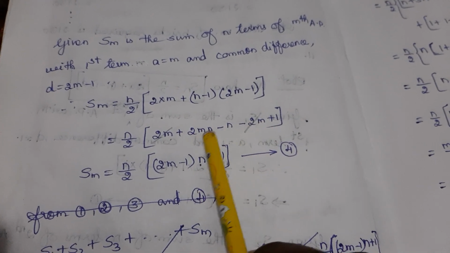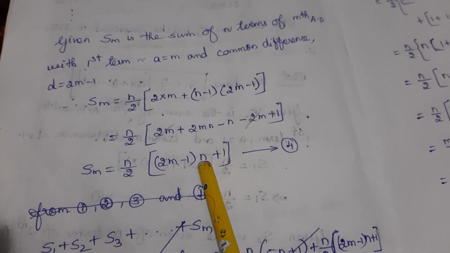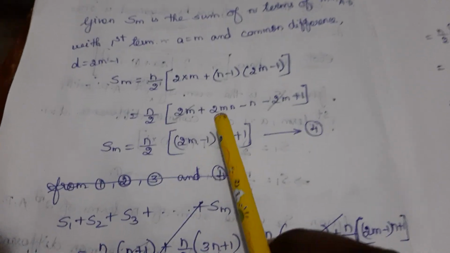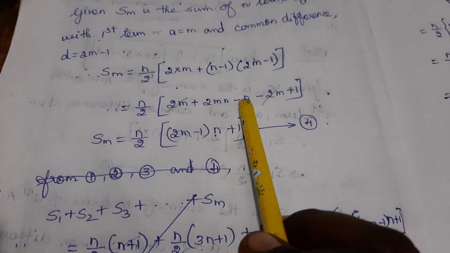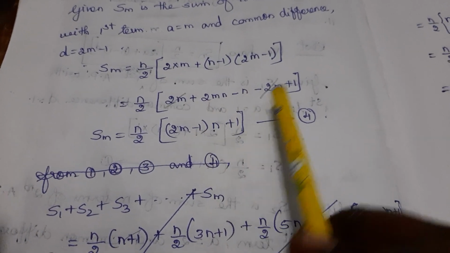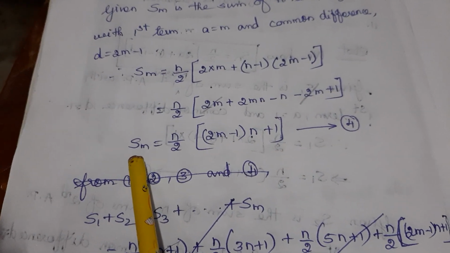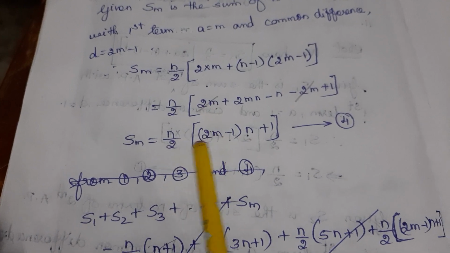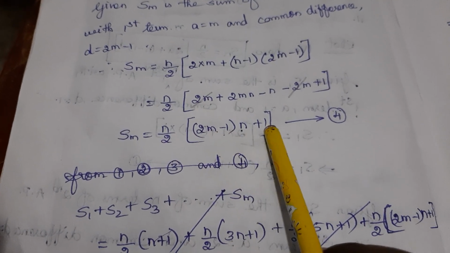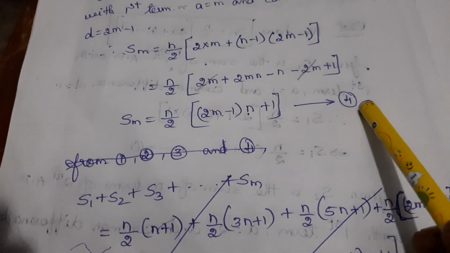In these two terms n is common, you take the n commonly outside, so remaining (2m minus 1) into n plus this 1. So you write Sm equal to n by 2 into [(2m minus 1) into n plus 1]. It is the fourth equation.